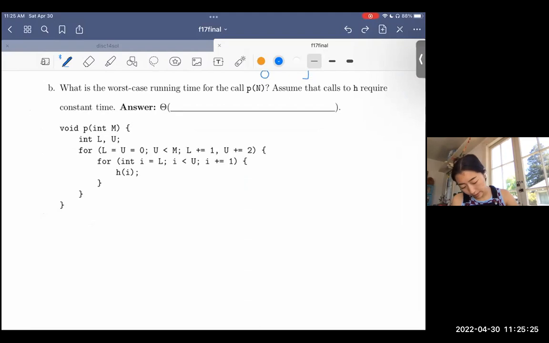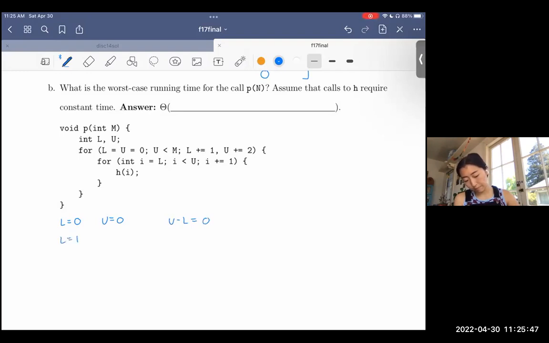Well, initially, L equals 0 and U equals 0, right, in the outer loop. And this means in the inner loop, we go from L to U, or in other words, the amount of times we evaluate H is the difference. And so U minus L equals 0 here.